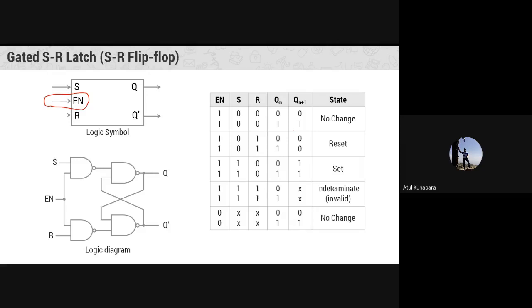So here two no change states will come: once when enable is 0, and the other when S and R are both 0. So that is what the flip-flop is. This enable signal is not there in the SR latch. It is there only in the flip-flop. So this is the only small change you can consider between latch and flip-flop.